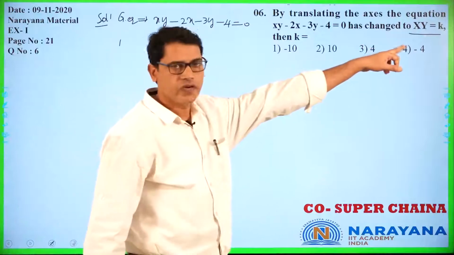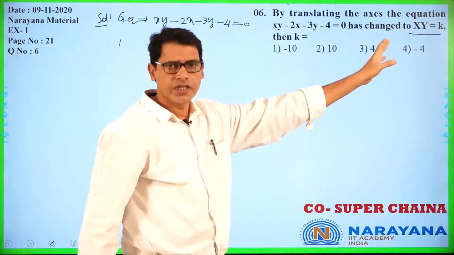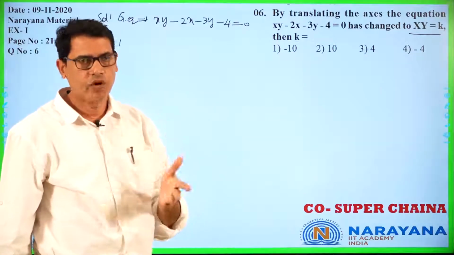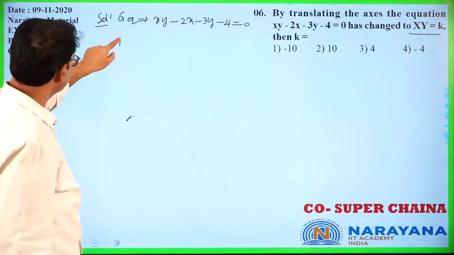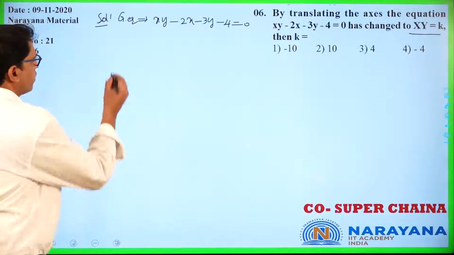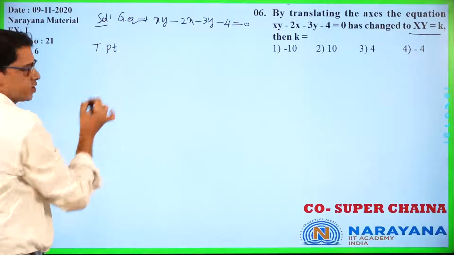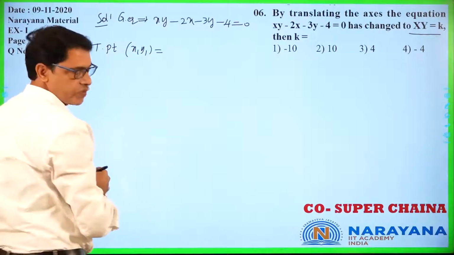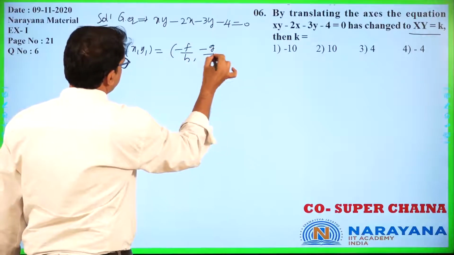So xy equals k, the first degree terms get eliminated, so we have the translated point. Say the translated point is x1, y1, equal to minus f by h, minus g by h.